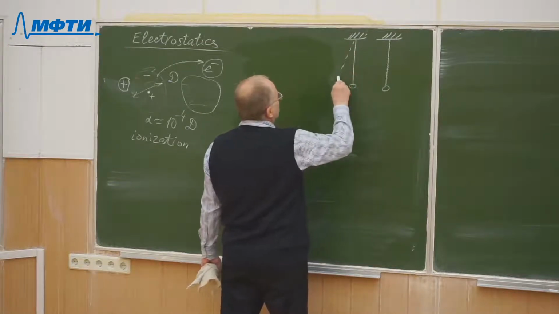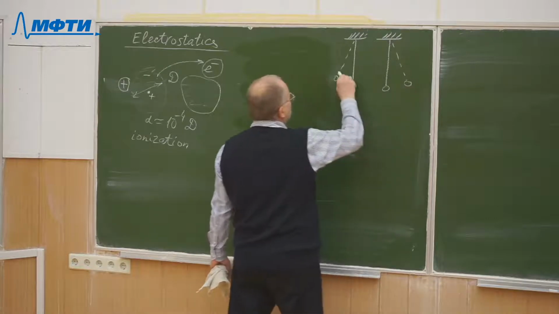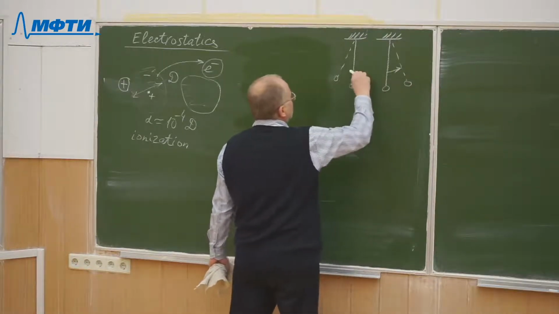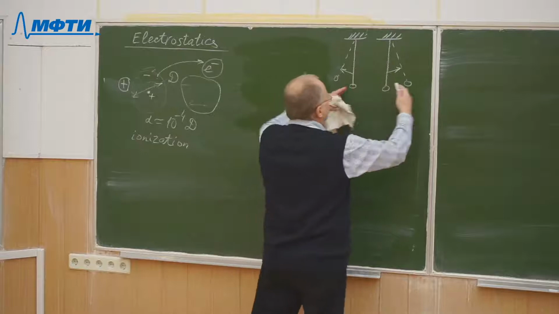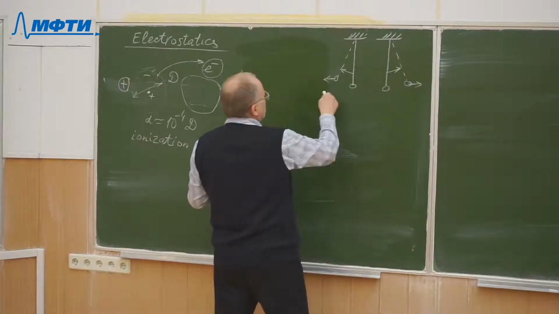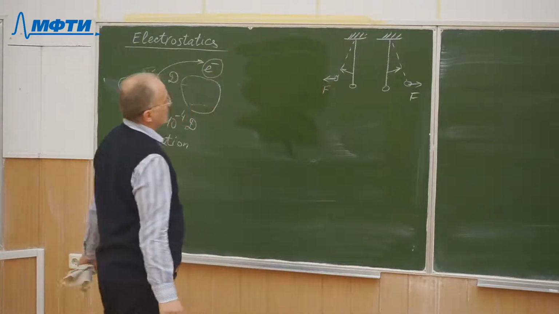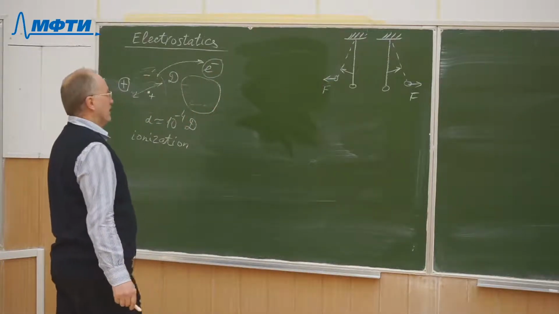This repulsion will be easily observed because the threads will be deflected, and the balls will be repulsed from each other by some force of repulsion, and it will look something like that.